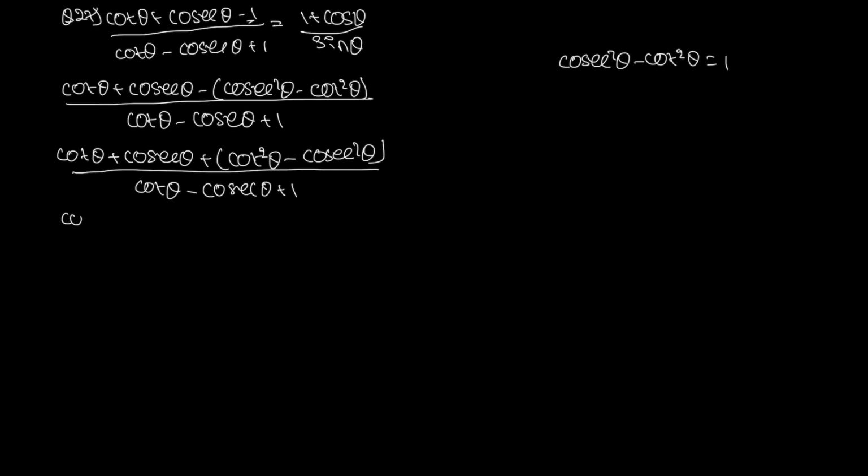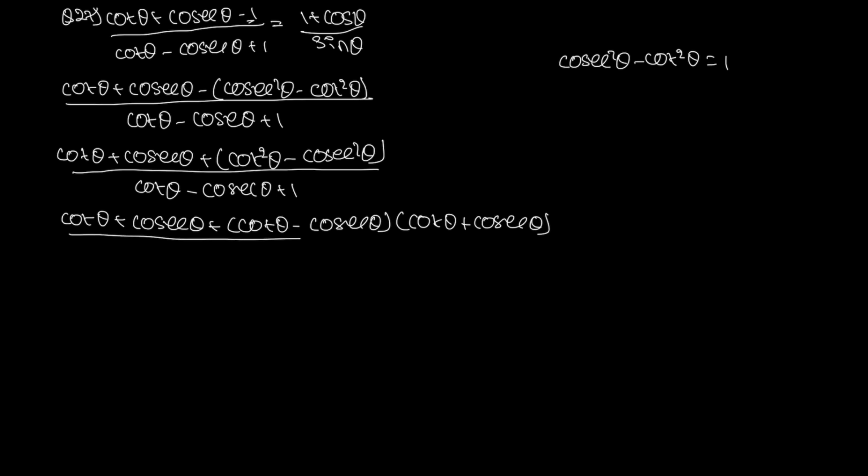A square minus B square is A plus B into A minus B, right? So we'll get cot theta minus cosecant theta and cot theta plus cosecant theta, and the whole denominator is cot theta minus cosecant theta plus 1.